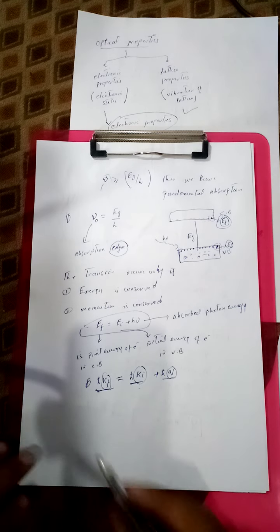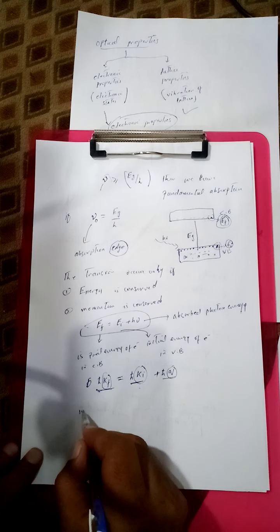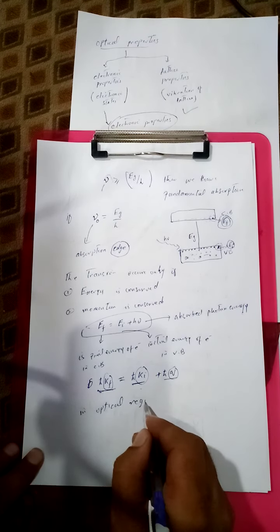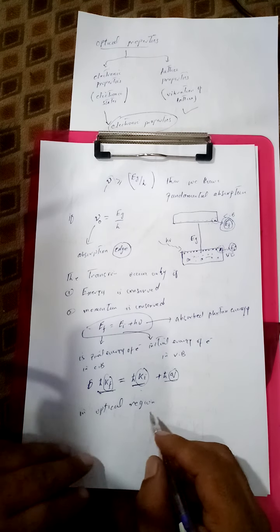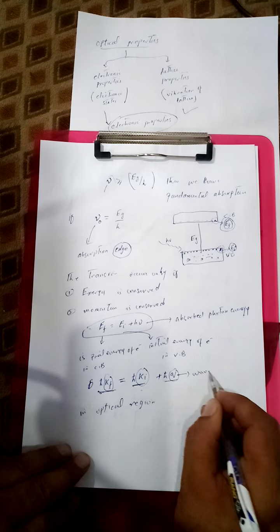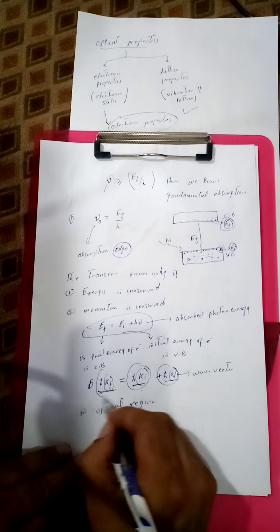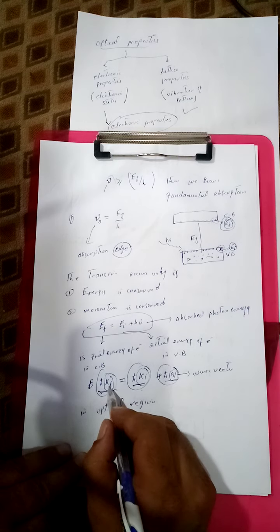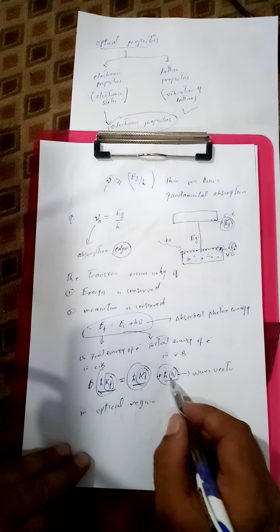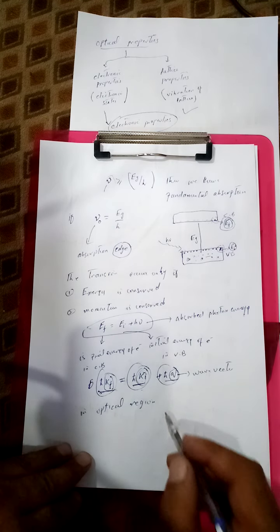But we know that in the optical region, this is the wave vector, okay, and this total is the momentum. These are the wave vectors of the electron in the conduction band, the electron in the valence band, and the photon.